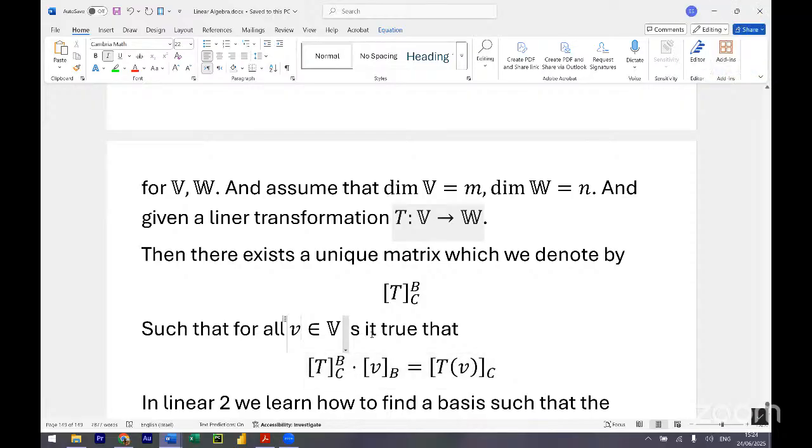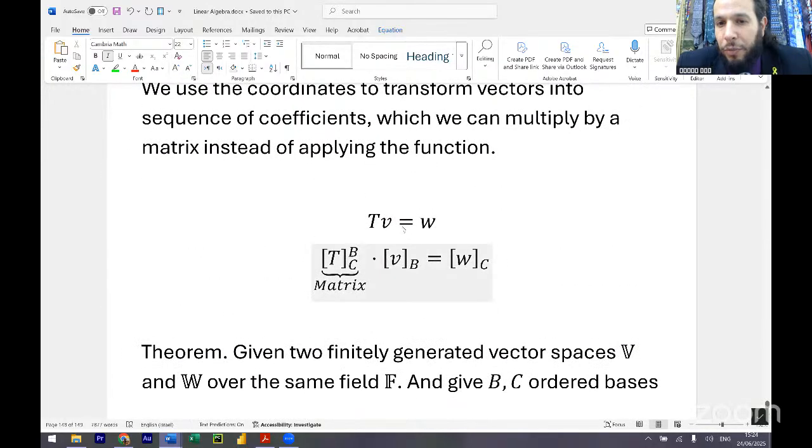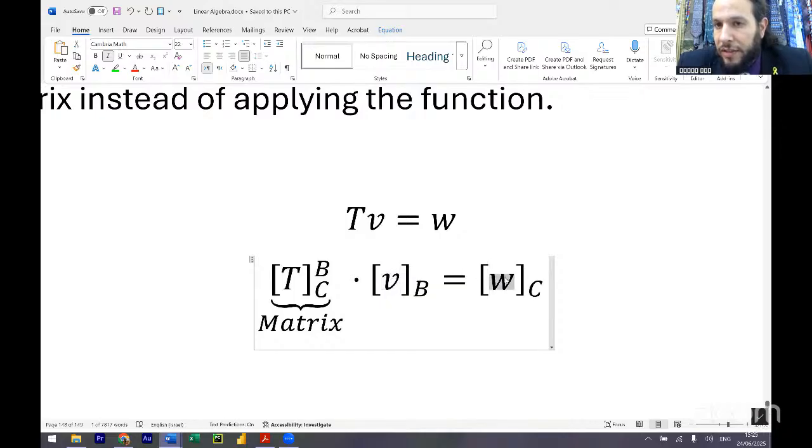So this is the same as saying T is V to W. Yeah, and that's what I said here. Before, I wrote let's call T of V, W, and then yes, I said that V goes to W. Agreed? It's the same thing, just written differently.